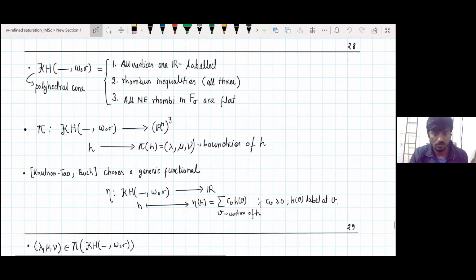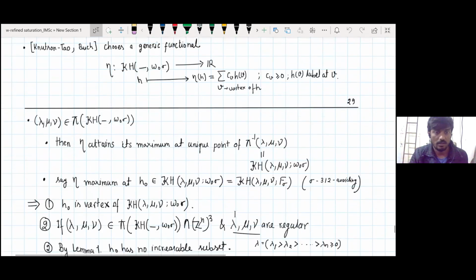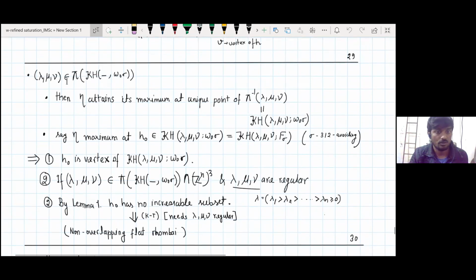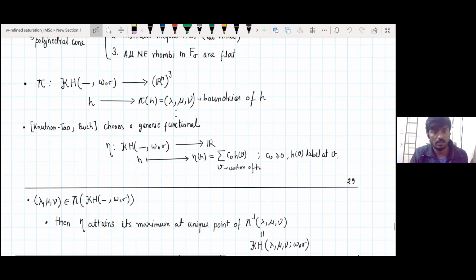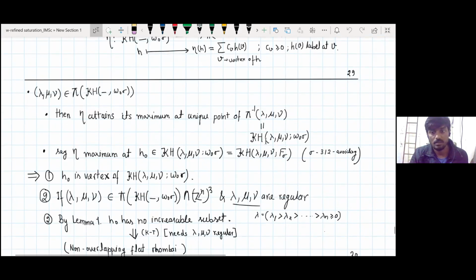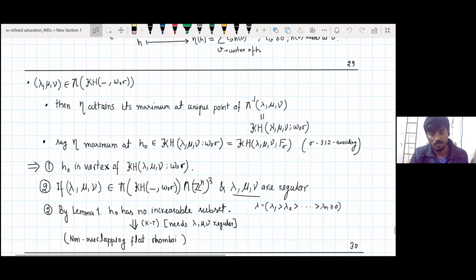You can choose this type of functional such that for any lambda mu nu in the image of this projection, the functional attains its maximum at a unique point of pi inverse of lambda mu nu. This pi inverse is equal to K H lambda mu nu, that is, all hives with boundaries lambda mu nu, satisfying that the rhombi are flat whenever they are in F sigma.